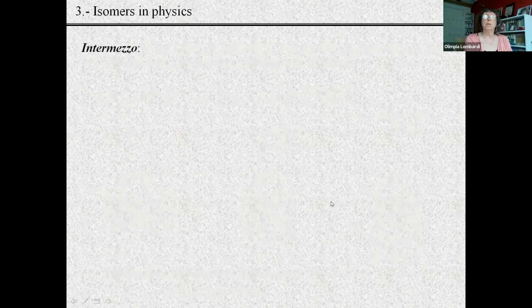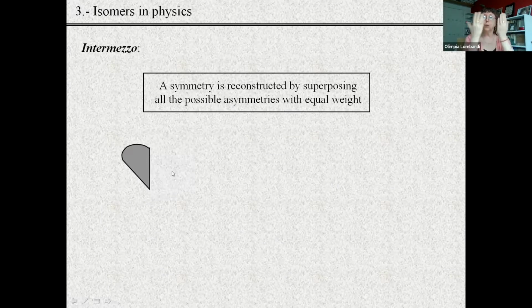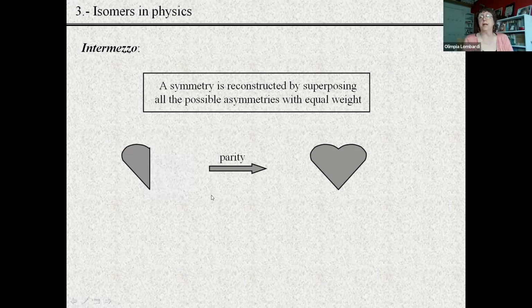Well, now let us make another intermezzo. When I want to reconstruct a symmetry, I need to superpose all the possible asymmetries with equal weight. So if I have this figure, I have to superpose the two possible figures with the same weight to obtain the symmetric figure. This is a parity symmetry.